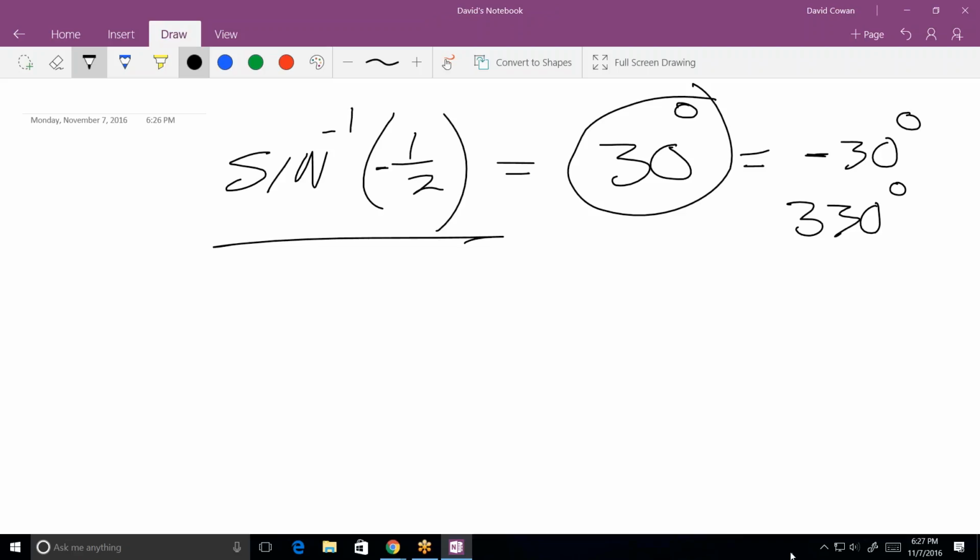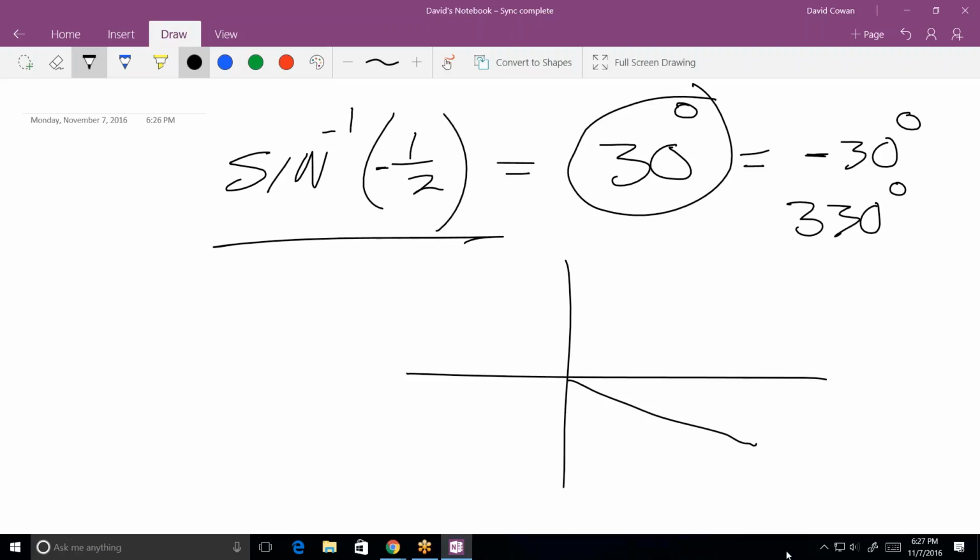They're different. Yeah, they are different. Minus 30 is this angle right here. 330 is this angle right there. But in terms of trig functions, they're all the same. In other words, sine of minus 30 is going to be the same as the sine of 330.